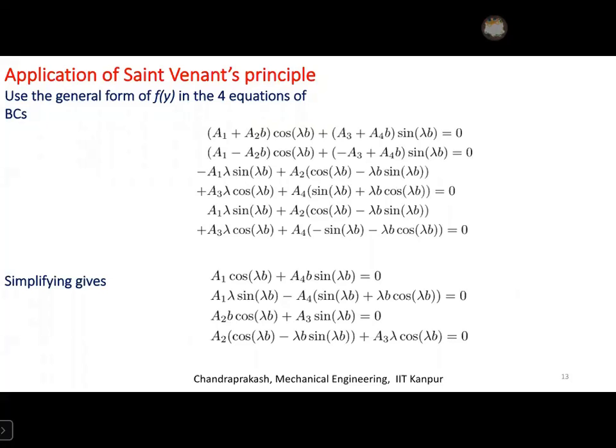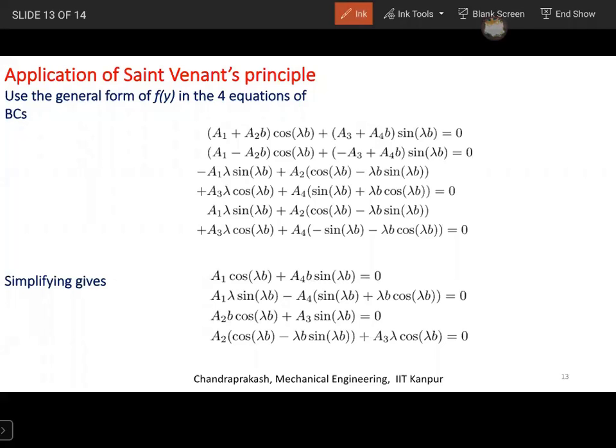The algebra I have skipped, you can cross check it. The first two equations have terms a1 and a4, and a couple of slides ago what did we say? The terms containing a1 and a4 were leading to symmetric solutions.